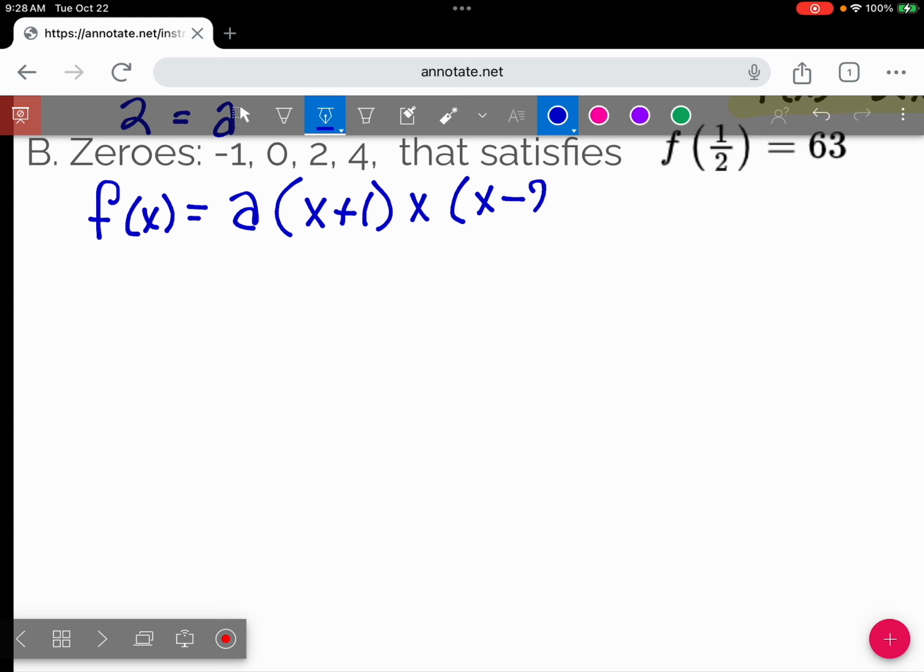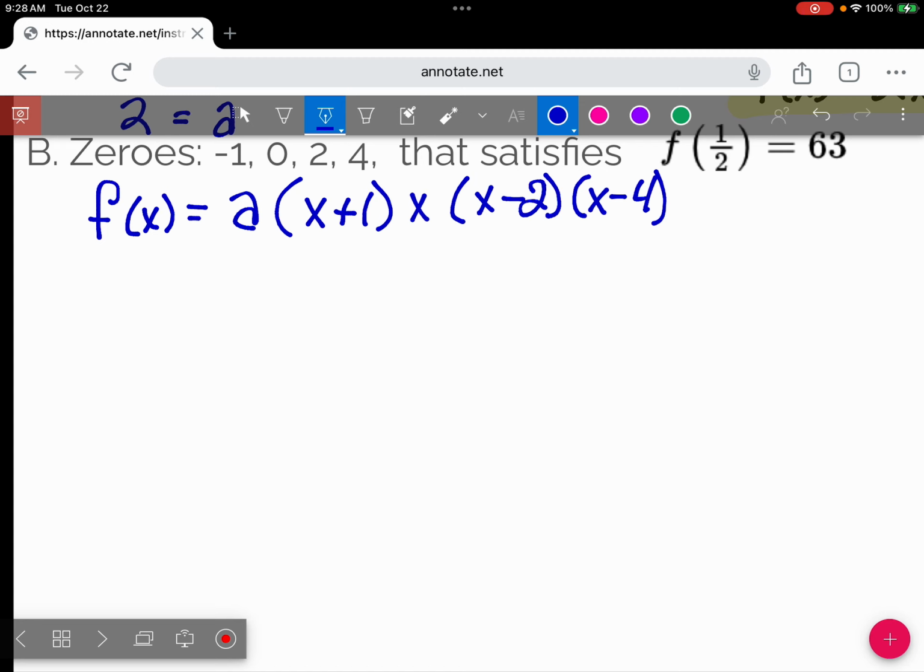Gorgeous. X minus 2 and x minus 4. Does everyone see where those pieces came from? Awesome. Just checking in, because Reese is rocking it. Absolutely rocking it. I'm just making sure other people know where we're headed.